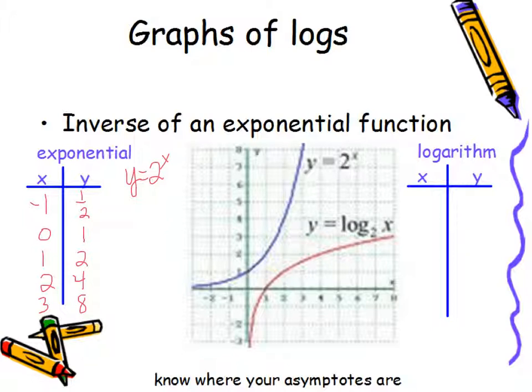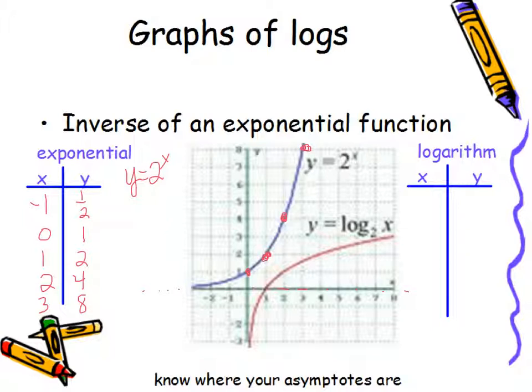Okay, and so those are all some nice points, and you can see them plotted over here. Over 0 up 1, over 1 up 2, over 2 up 4, over 3 up 8. Those are all nice ordered pairs that land on that graph. That's what we did yesterday, and we had this horizontal asymptote. Okay, so that was yesterday.